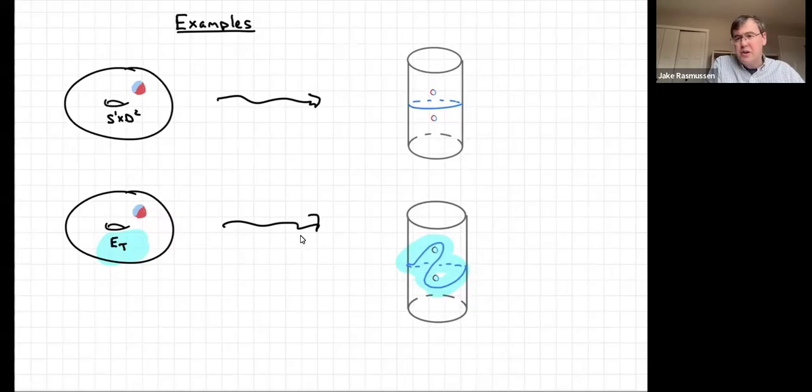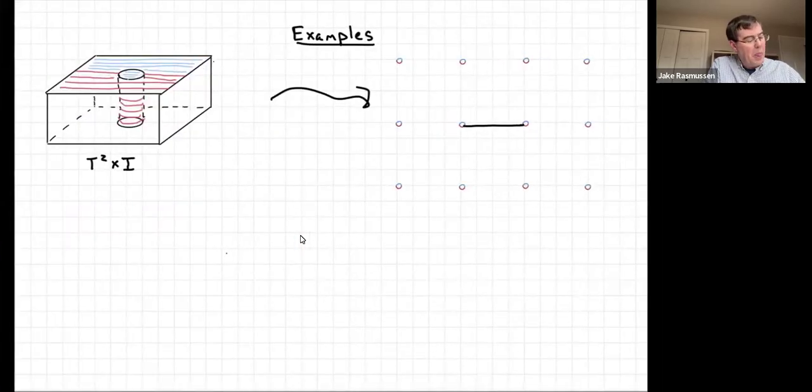Maybe let's look at a couple other examples that don't come from knot complements. The first example I want to talk about takes place where the underlying three manifold is T2 times I, so the thickened torus.